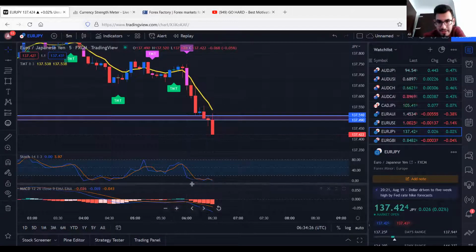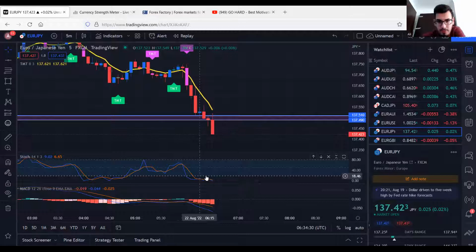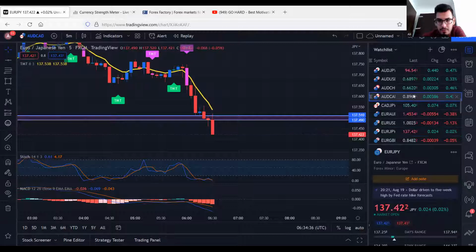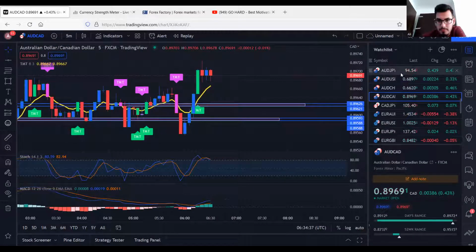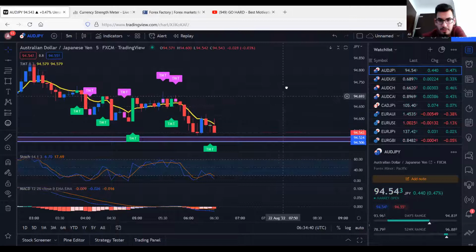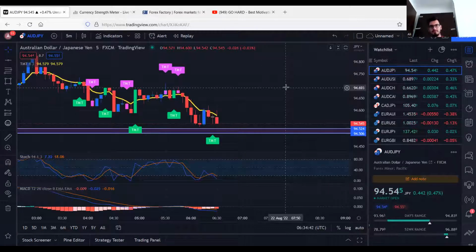Because look, it was already oversold. But no, it wants to go lower and lower. No, we will not look at it. AUD, that's the pair I would stick with for now.